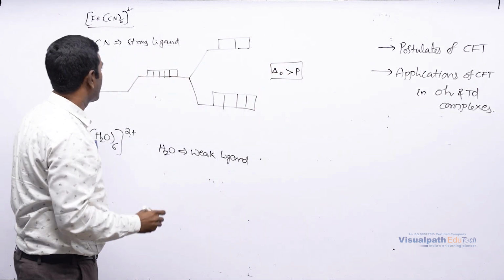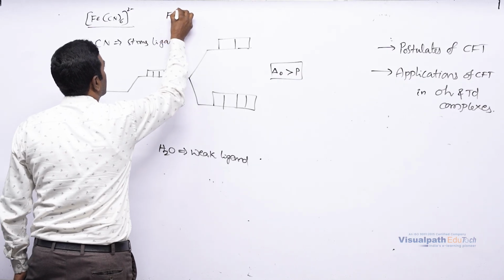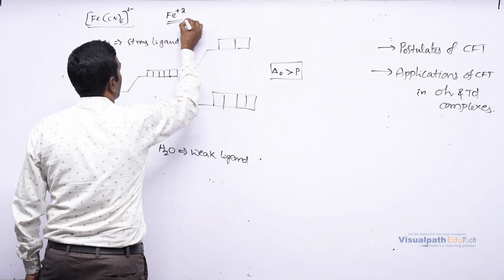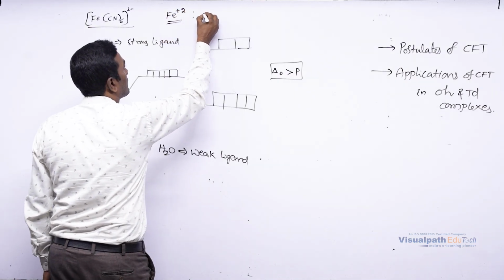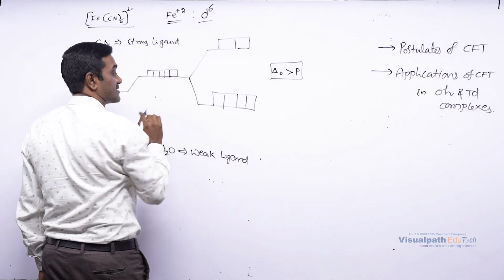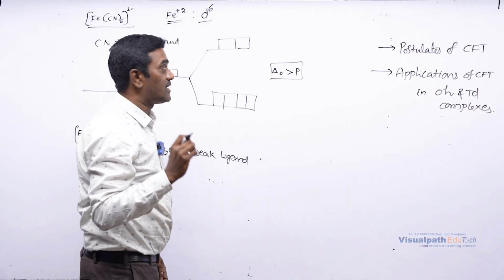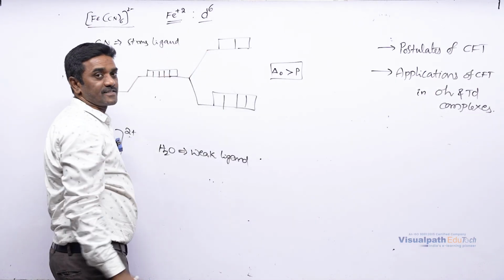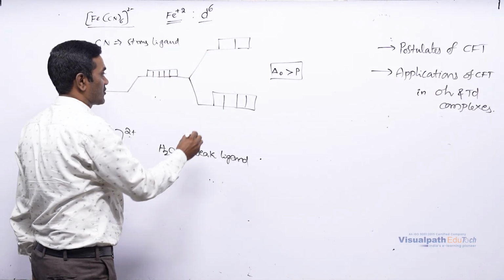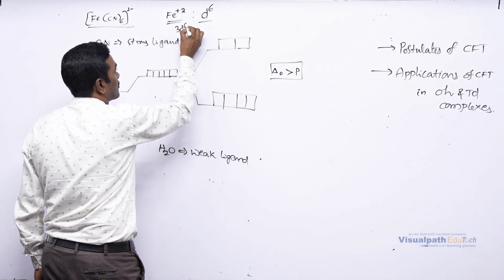What does it mean? Now let me write Fe plus 2 oxidation state here. Fe plus 2 means it's going to be which configuration? D6 configuration. D6 configuration means we have to fill 6 electrons in it. How many electrons? 6 electrons. 3d6, 4s2.